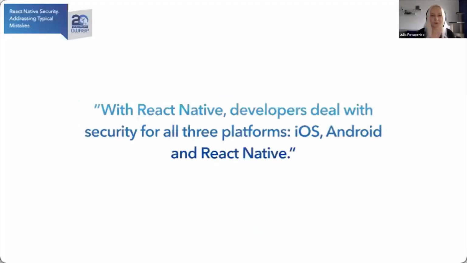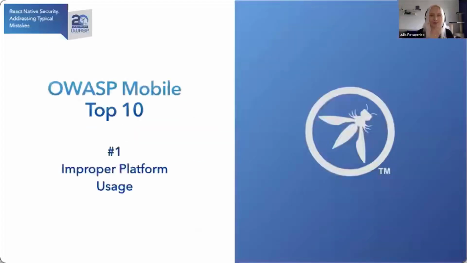Okay, moving forward. With React Native, developers deal with security for all three platforms: iOS, Android, and React Native. I'm pretty sure you're familiar with the mobile top 10 from OWASP, similar to the OWASP top 10 but for mobile applications.